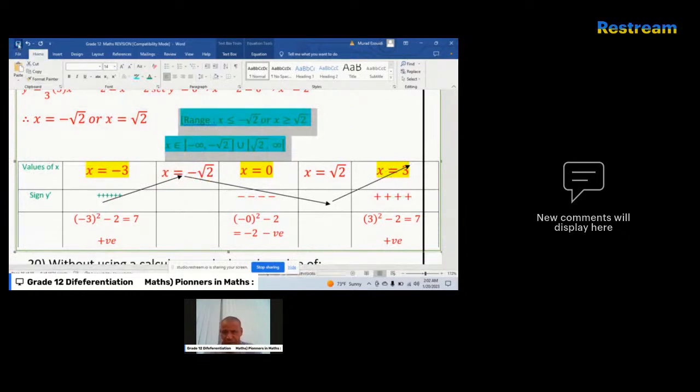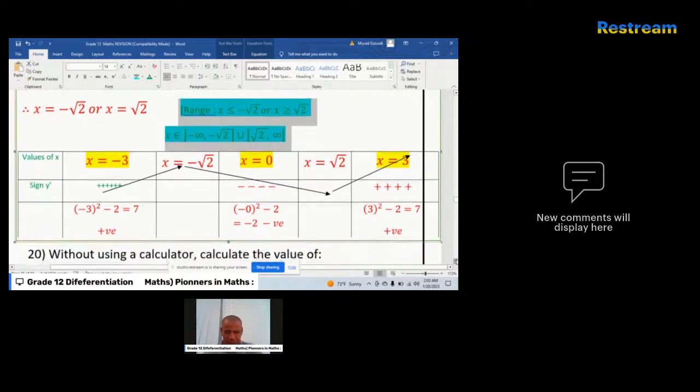This is how you can find the first derivative of the function, and how you can set y dash equals 0 to find the x values for which your function is increasing. If the question is looking for a decreasing function, the range is more than or equal to negative root of 2 and less than or equal to root of 2. Then we move to the next part.